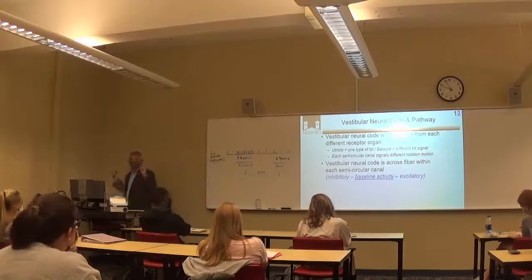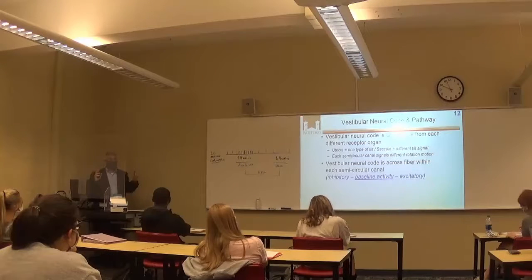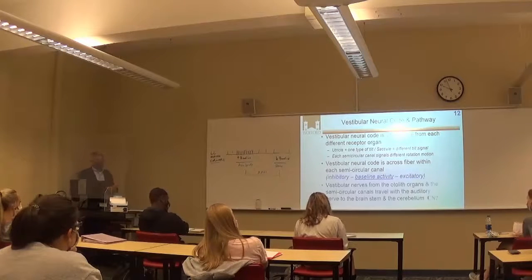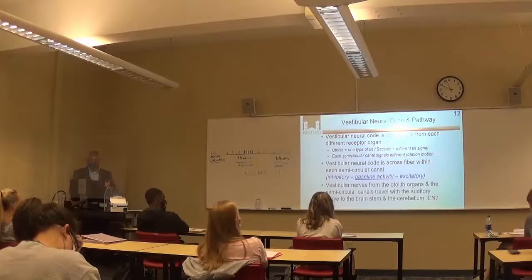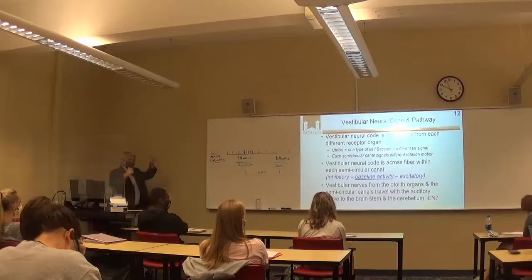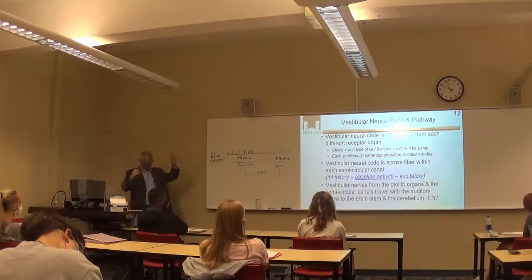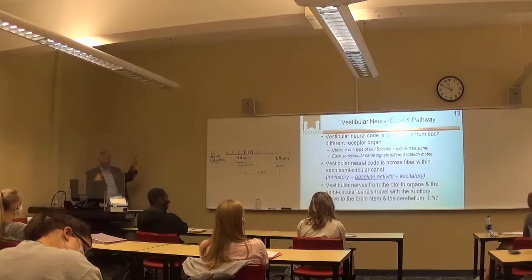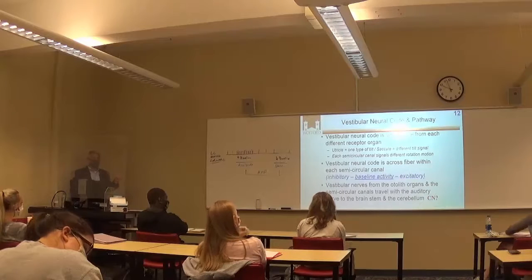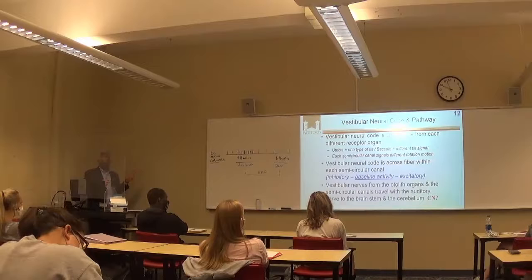That's labeled line for the direction. But whether it's acceleration or deceleration is a cross fiber pattern through excitation and inhibition because they have baseline activity. That's neural code, right? We've covered stimulus, receptor, transduction, now neural code. Neural code is sent in a pathway through cranial nerve 8. We already talked about it.